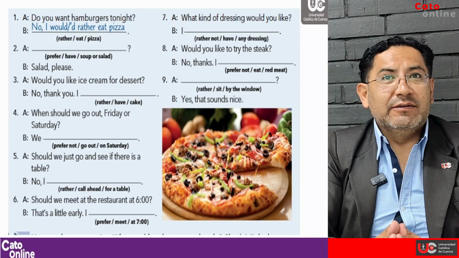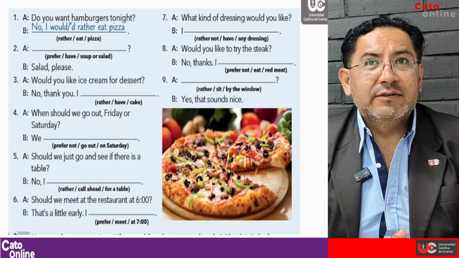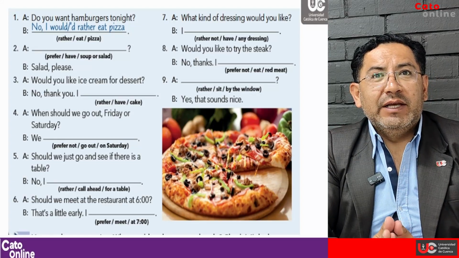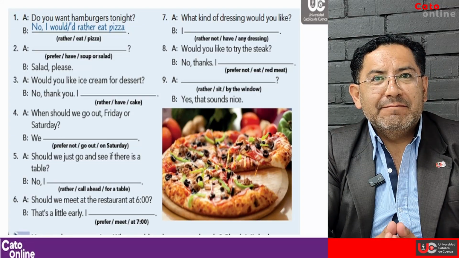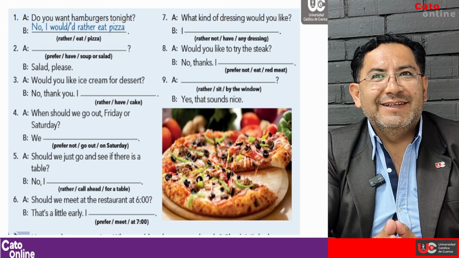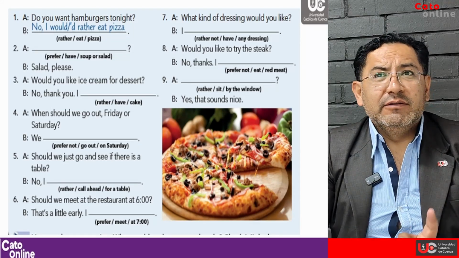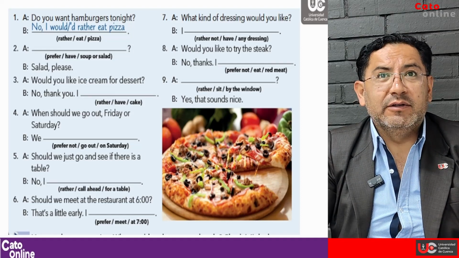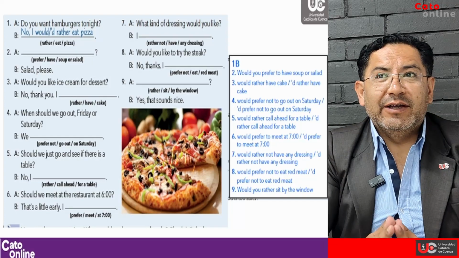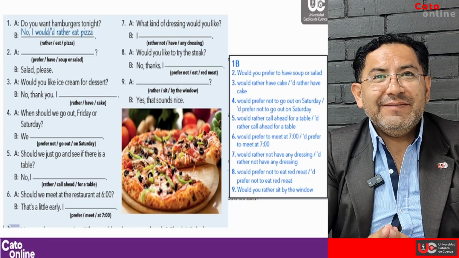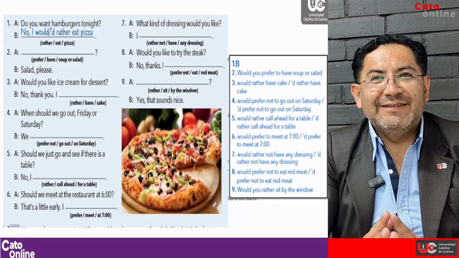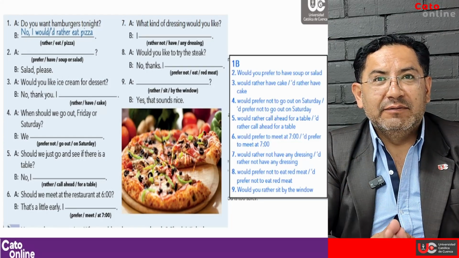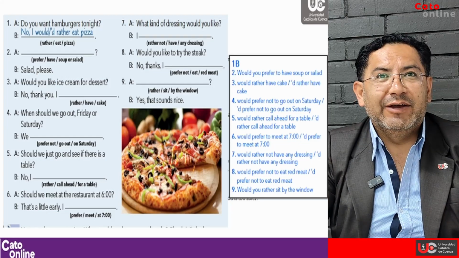As you can see, we are going to use some words in order to complete this conversation. I am going to try to analyze and then I am going to give you the answers, okay? And those are the answers. You can analyze the context at home. You can stop the video and try to do it, okay?